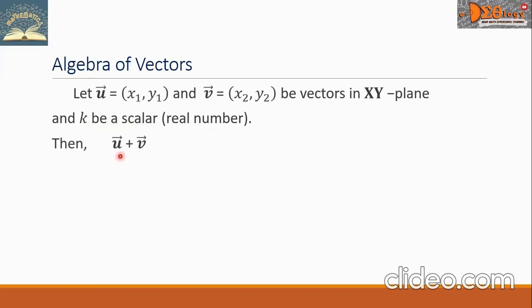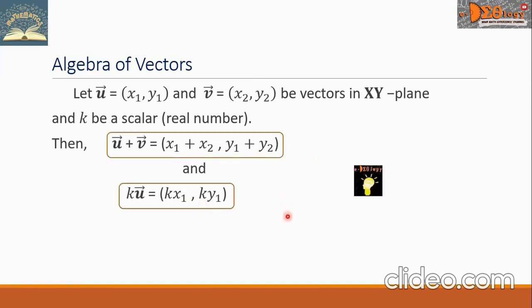Then, vector u plus vector v equals, this is the formula, an ordered pair where the x coordinate will be x sub 1 plus x sub 2, comma, the y coordinate will be y sub 1 plus y sub 2, and k times vector u is equal to (k x sub 1, comma, k y sub 1). These are the formulas.